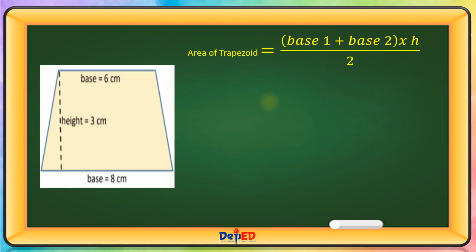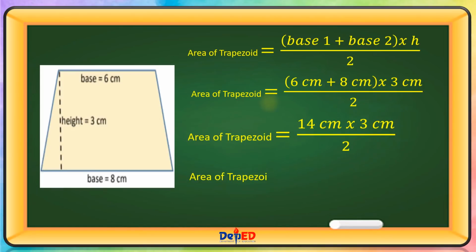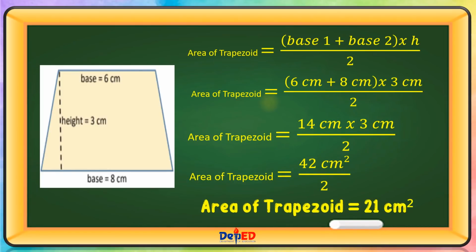We have base 1, which is 6 cm, plus 8 cm, times 3 cm, divided by 2. 14 cm times 3 cm divided by 2. 42 cm squared divided by 2 equals 21 cm squared, which is the area of the trapezoid.